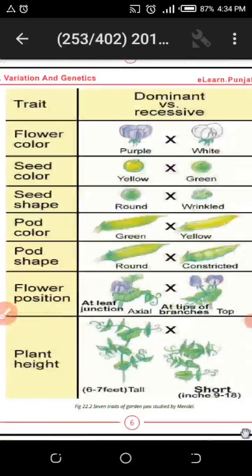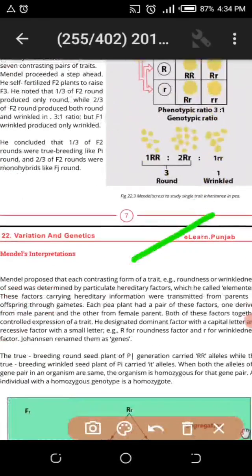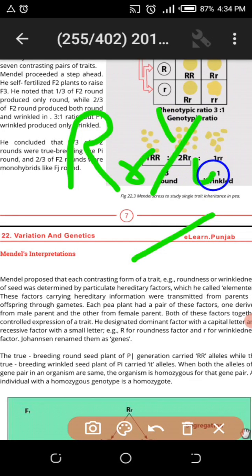So in the parental generation, look here: capital R, small r, capital Y, small y. I want your attention. During formation of the gametes for the F2 generation, capital R can go with capital Y, one chance, one probability.